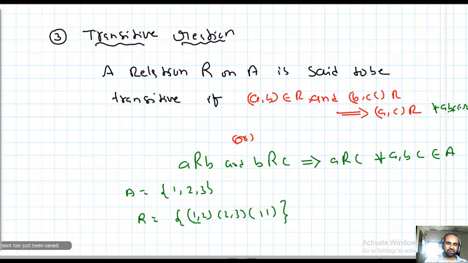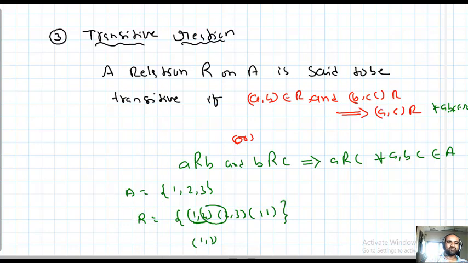First of all, take the ordered pair 1 comma 2. Next, try to identify an ordered pair that starts with 2. Here, 1 comma 2 is there, 2 comma 3 is there. What should be there? 1 comma 3 should be there. 1 comma 3 is not there. That's why the given relation is not a transitive relation.